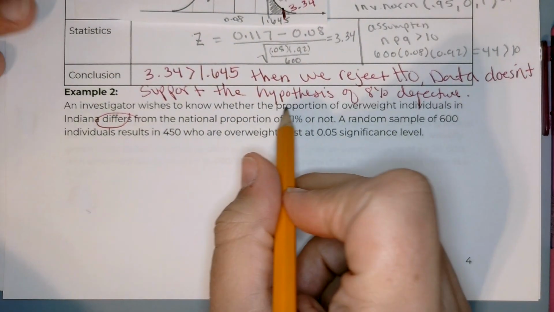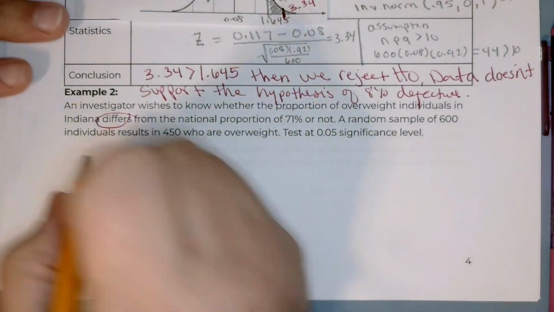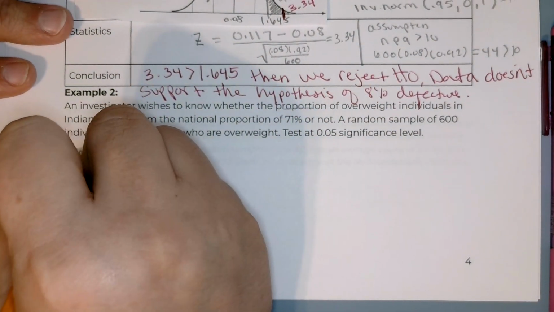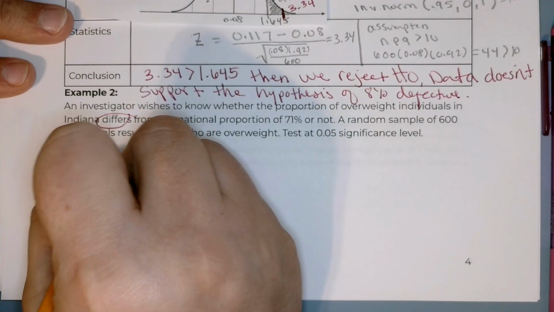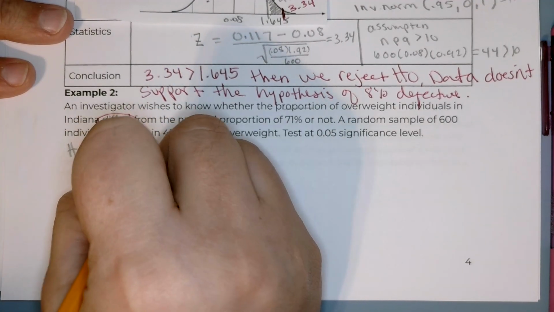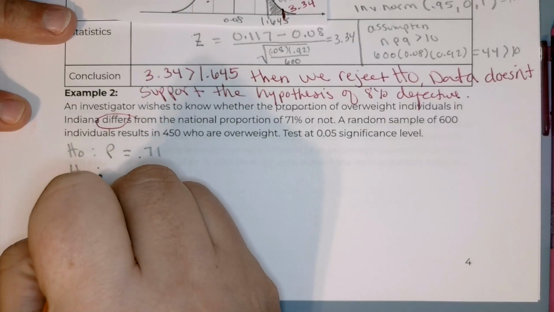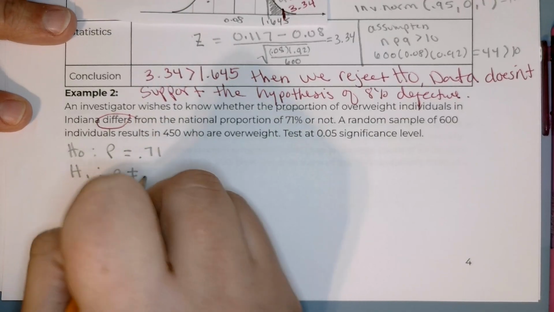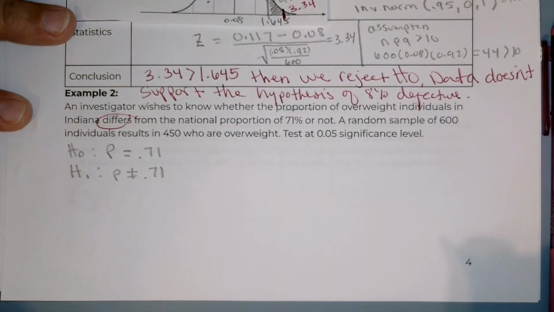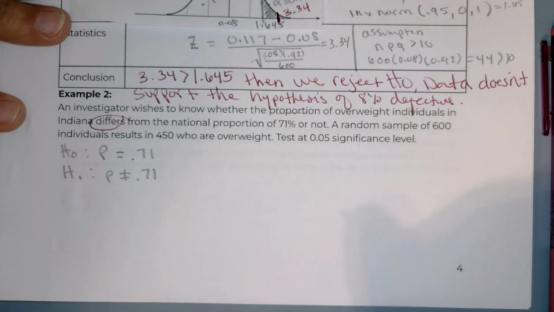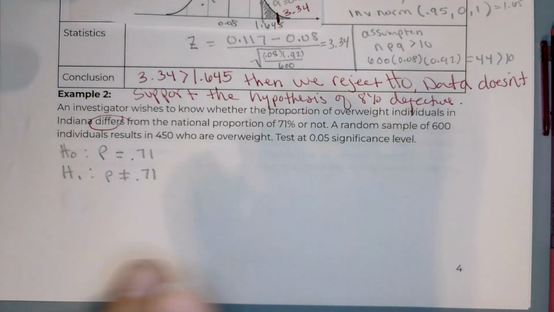So we have a proportion of people again. H naught is that the proportion is equal to 0.71. The alternative is that it is not equal to, because we used the word differs. So it's not the same. It could be greater than or less than; we don't know which one.